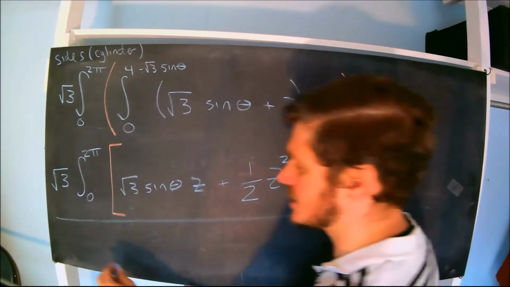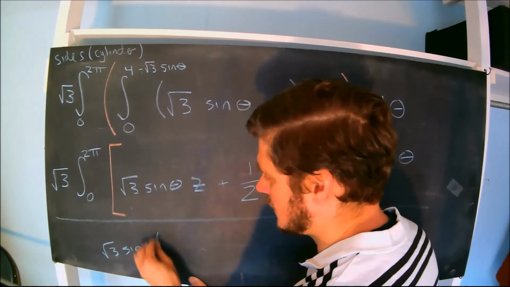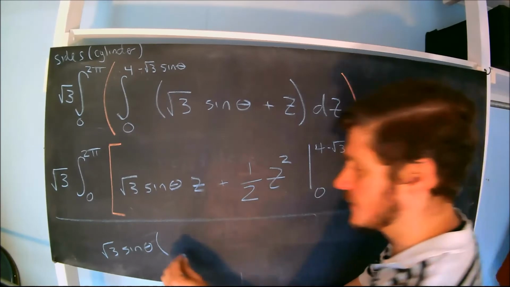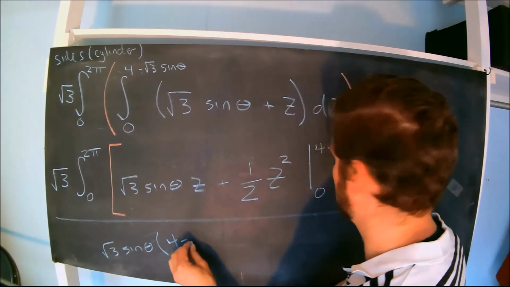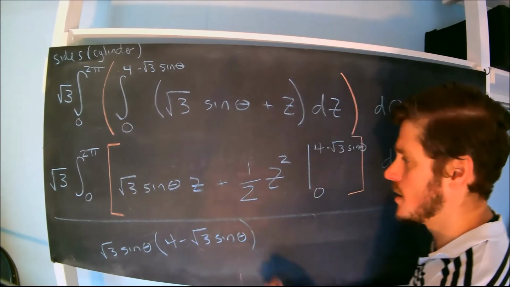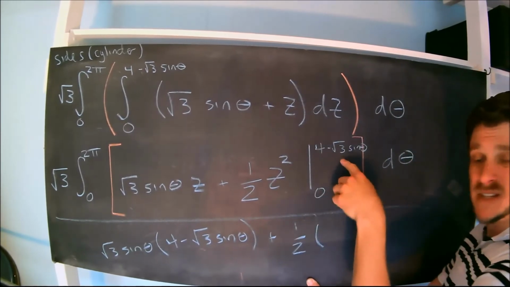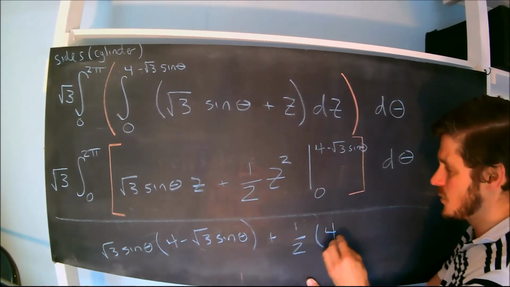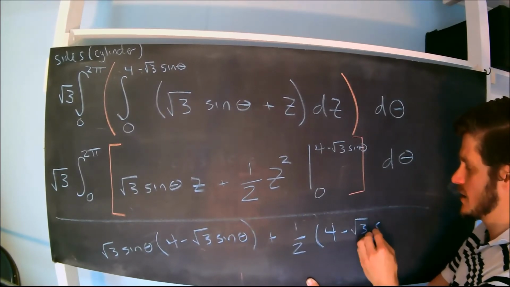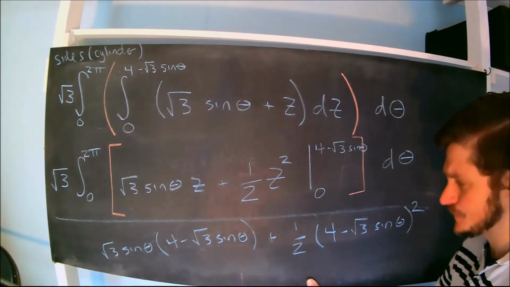When I plug this in, I get root 3 sine theta times, and my z is 4 minus root 3 sine theta, plus 1/2 times z squared. Well, z is that entire quantity, 4 minus root 3 sine theta, and the quantity squared.